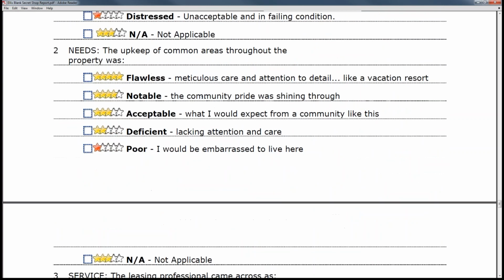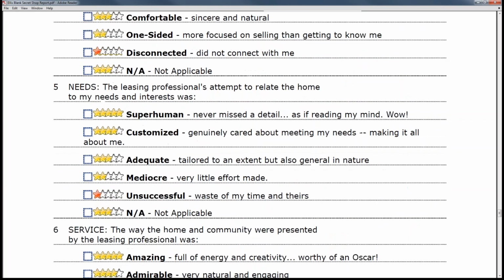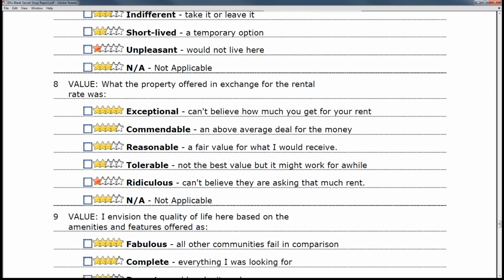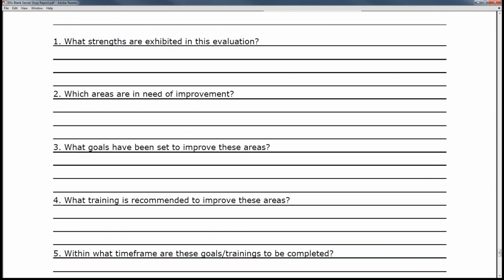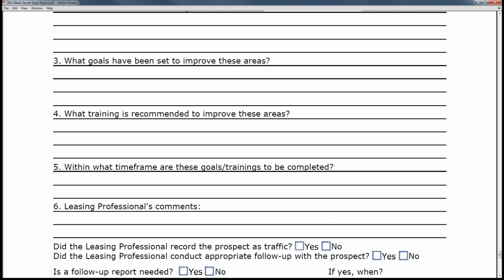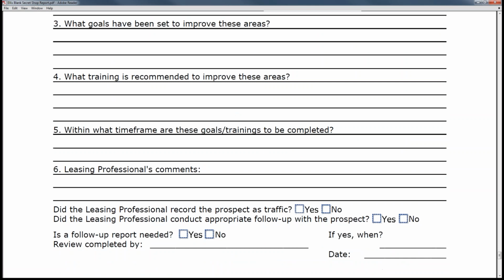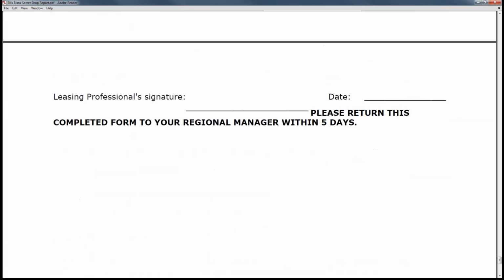And then overall categories, and at the very bottom, there's a spot where you would go through everything with your manager and evaluate strengths and weaknesses, areas of improvement, goals, and your comments. So that is a sample of a secret shop.